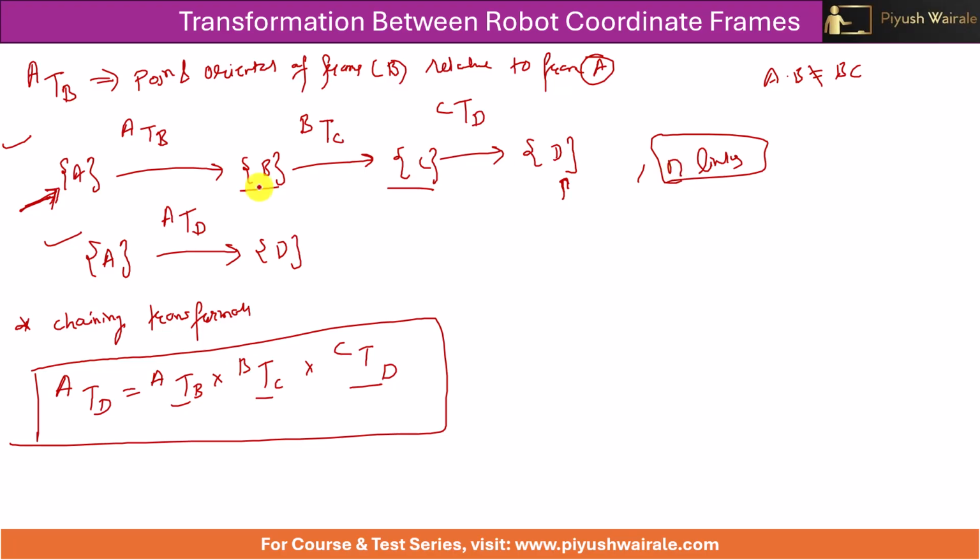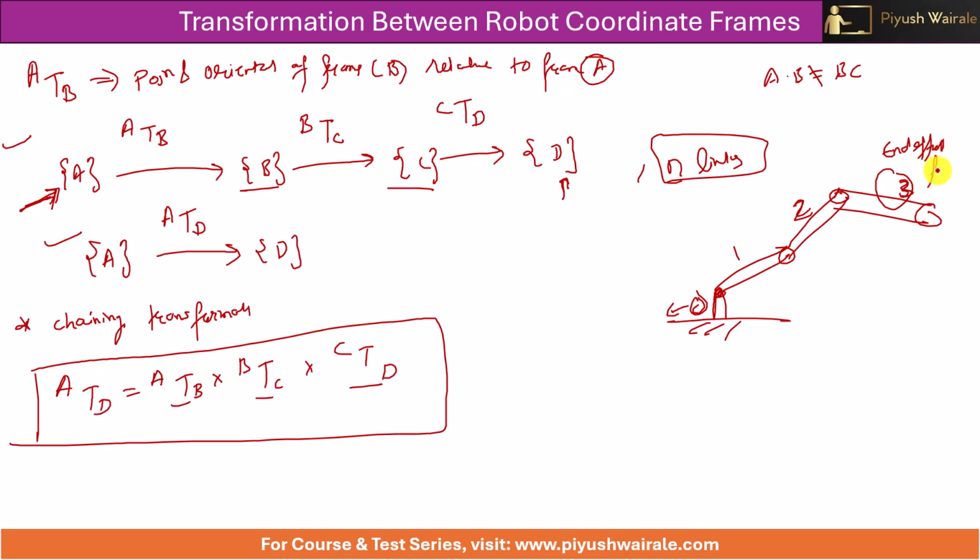When I say frame or link here, let's say we have a base frame, that is frame 0, then we have link 1, then link 2, then link 3. So 0 is the base frame and 3 is the end effector frame.